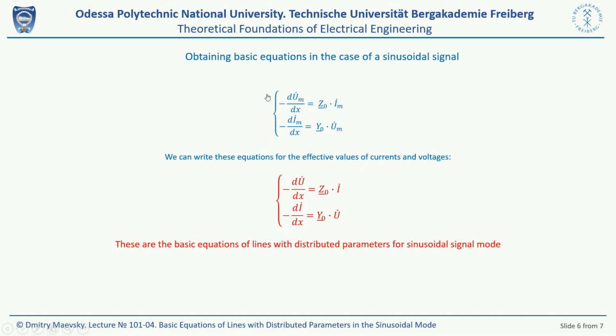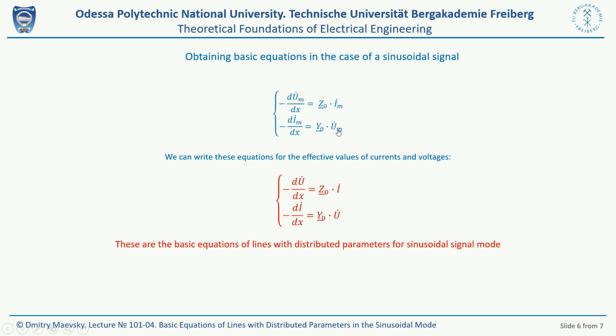So we have received a system of telegraph equations for the case of a sinusoidal signal in a line. Note that this is now a system of total differential equations, and we know how to solve such systems. Please also note that this system is written for complexes of amplitude values of currents and voltages.